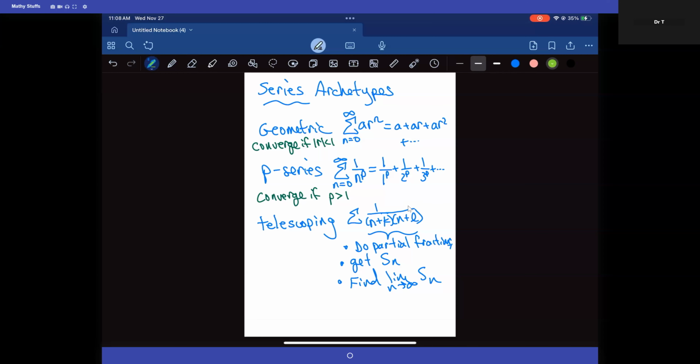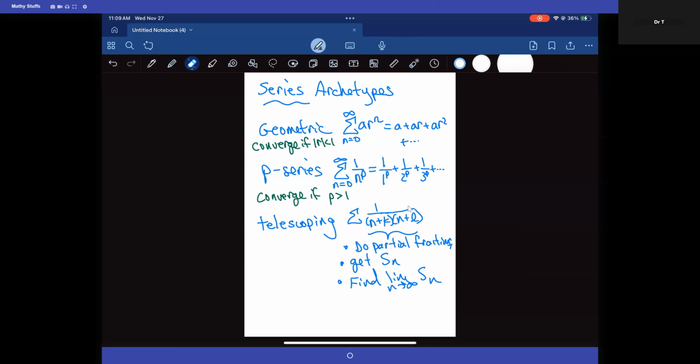In a geometric series, what moves from term to term is the exponent. In a P series, what moves from term to term is the base, the thing you're raising to a fixed power. So the power is fixed in a P series. That can be a little tricky to recognize, but I'm not going to try to be tricky. We don't have a lot of days left, so we're really just going to get to it.